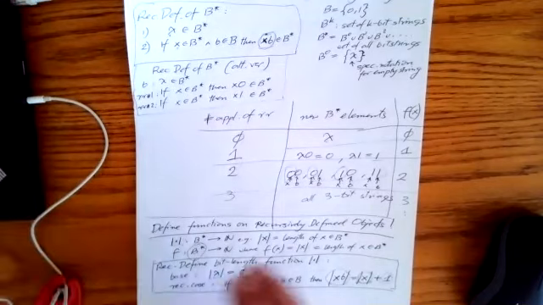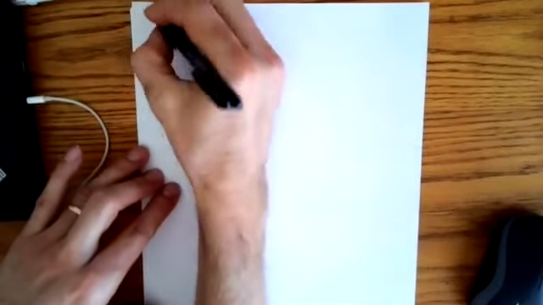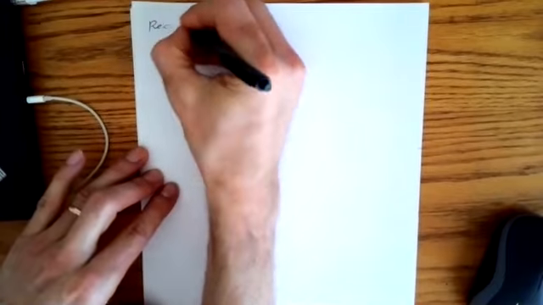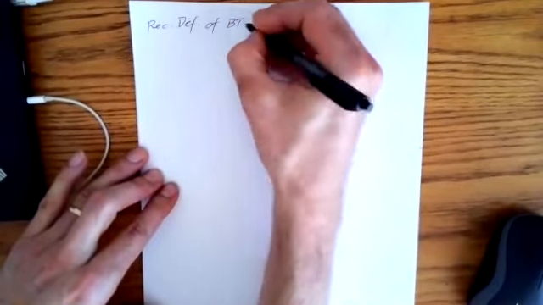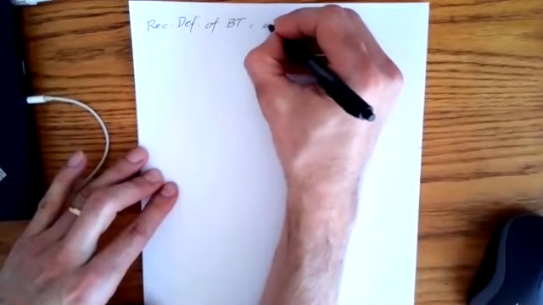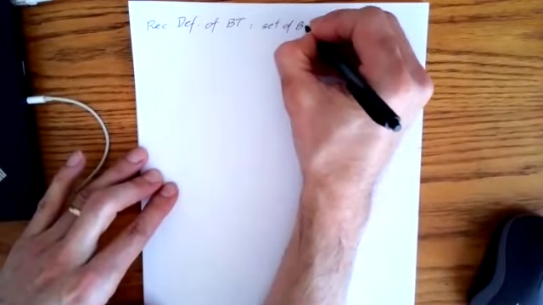Let's use a different example, binary trees. So here is the recursive definition of set BT. This is the set of binary trees.